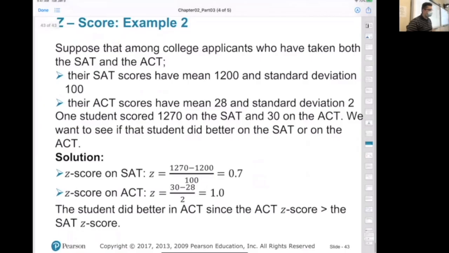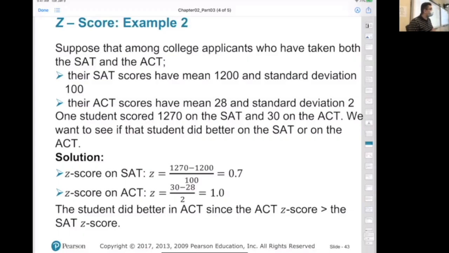Another example, this is a very, very nice one. Suppose that among college applicants who have taken both the SAT and the ACT tests, their SAT scores have mean 1200 and standard deviation 100. Their ACT scores have mean 28 and standard deviation 2. One student scored 1270 on the SAT and 30 on the ACT.